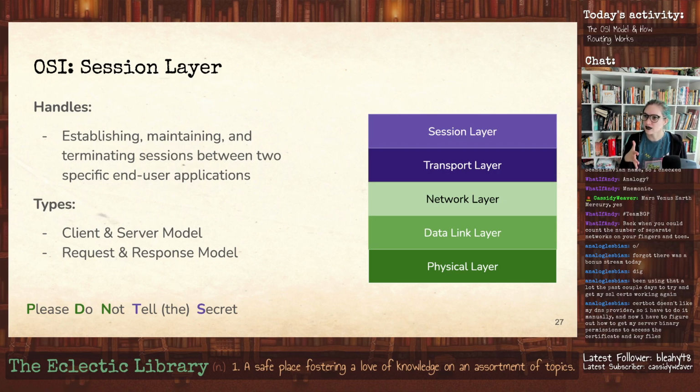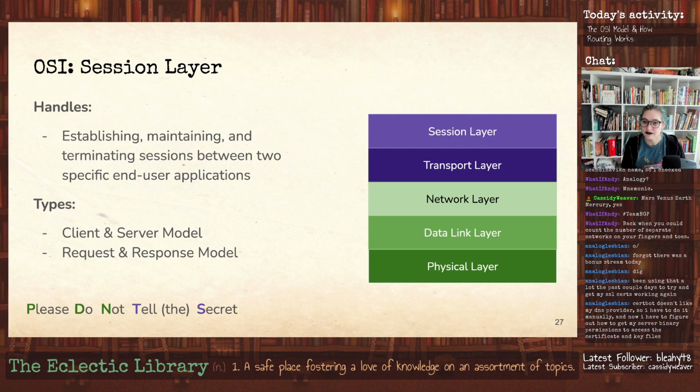With a client and server model, you have an application on one machine that needs information, and a server on another machine that has the information and sends it back. The client will say, "Hey, I want a thing," and then the server, when it's ready to process that request and has that information, will send it back and say, "Hey, here's your thing."